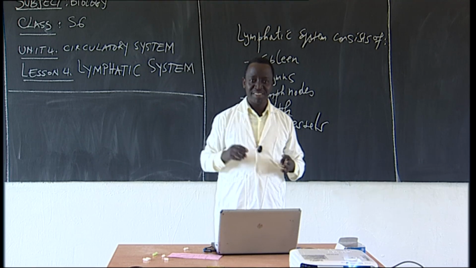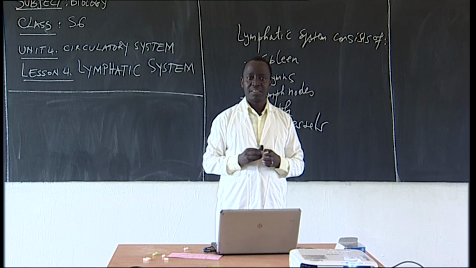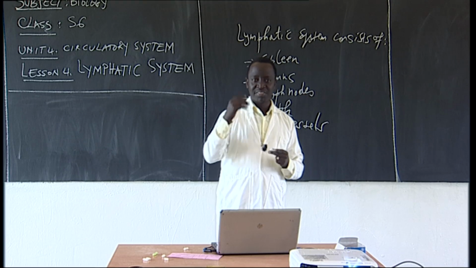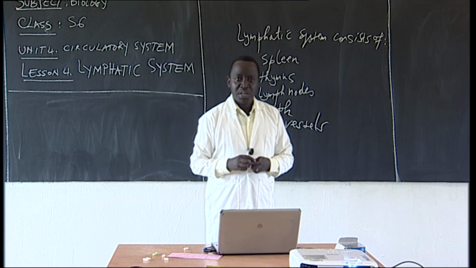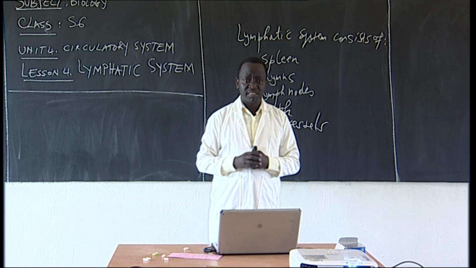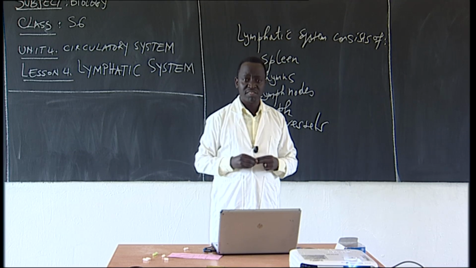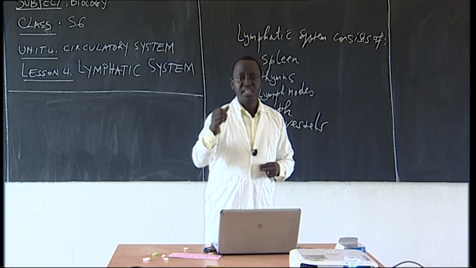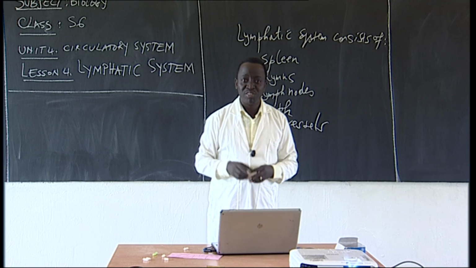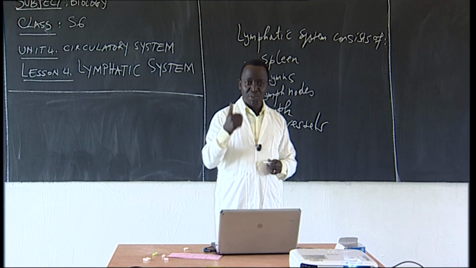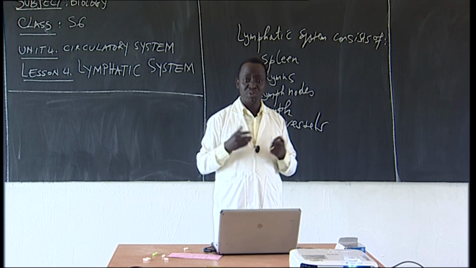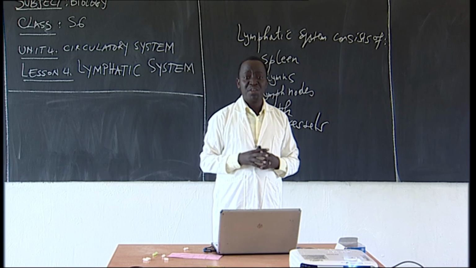Yes, you can try to answer. Oh, nice. A lymphocyte is one of the white blood cells that help to produce antibodies. It is not only found in the blood vascular system, it is also found in the lymphatic system, and it is produced by the lymph nodes.